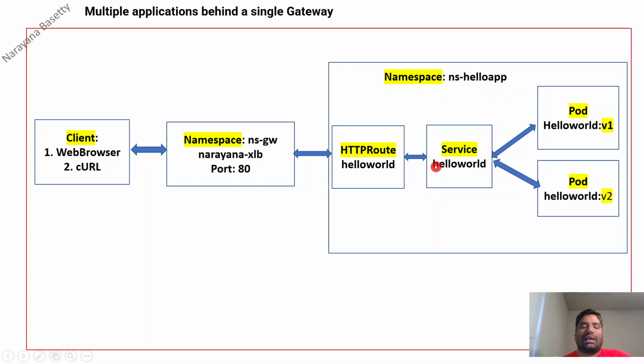In this namespace I'm going to host three things: one is HTTP routing, then service, and then pods, that is a deployment. For easy testing purposes, I'm representing version 1 and version 2 of the pods, so that whenever we are testing, we can see how the request is dispatched to the respective backend services.